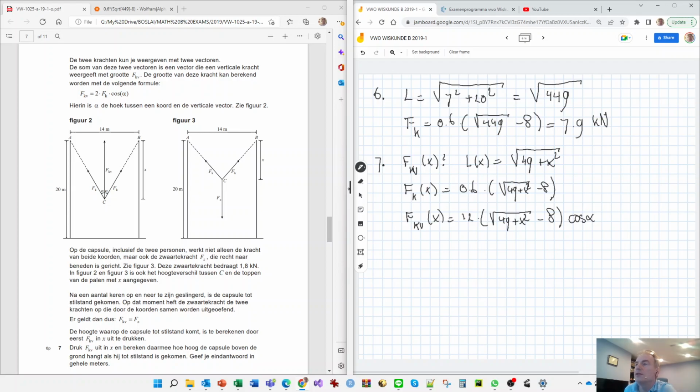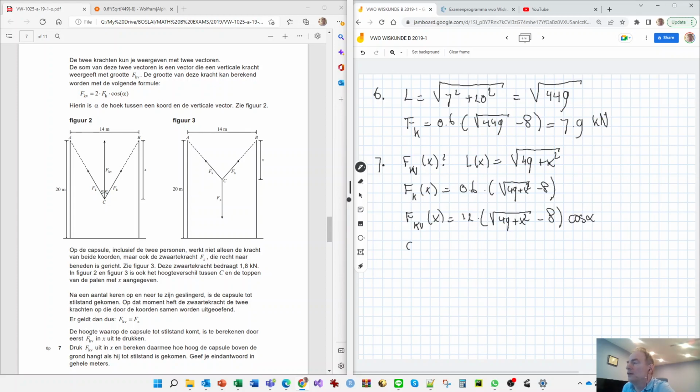And what is the cosine of alpha? Alpha is here. It's this length here, x.